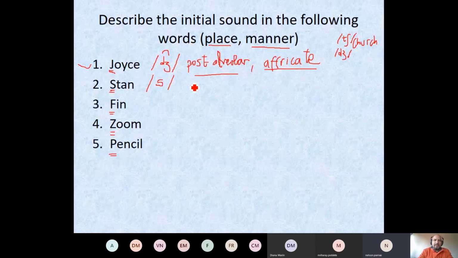Okay, how do you call that? What's the label for that particular sound? For example, you say science, stand, circle, sin, scene, song, place. Where do you put your tongue? What is your tongue doing?